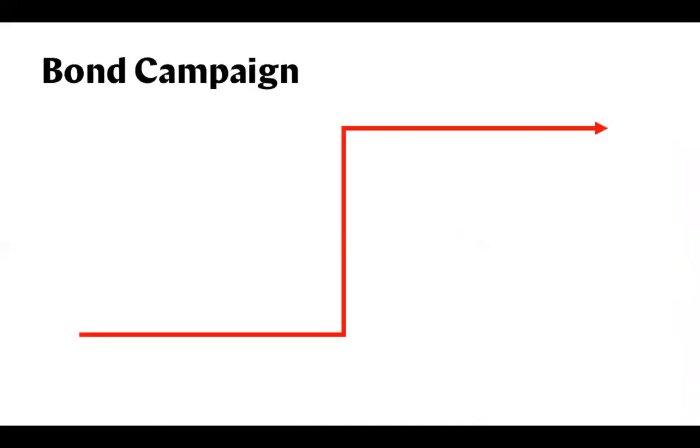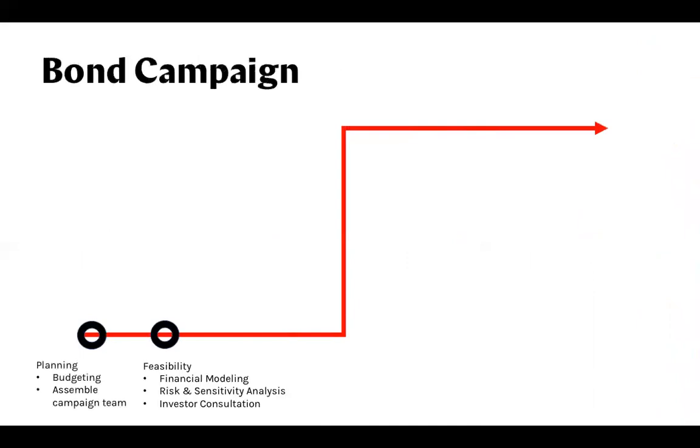So this is what a bond campaign in a little bit more detail would look like. So we start with a planning phase. And that's really important for figuring out what a campaign might look like for a particular organization. So budgeting and figuring out what resources, time, staff, dollars they have that could be put into doing a campaign. Then we go into a feasibility phase.